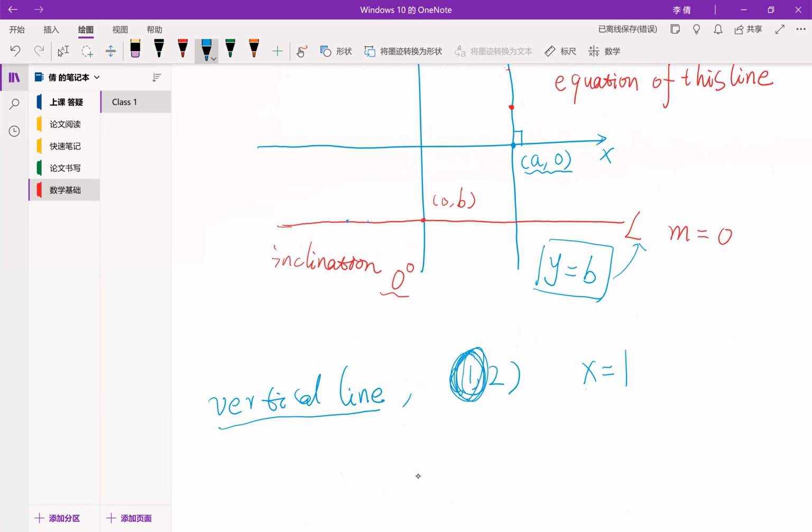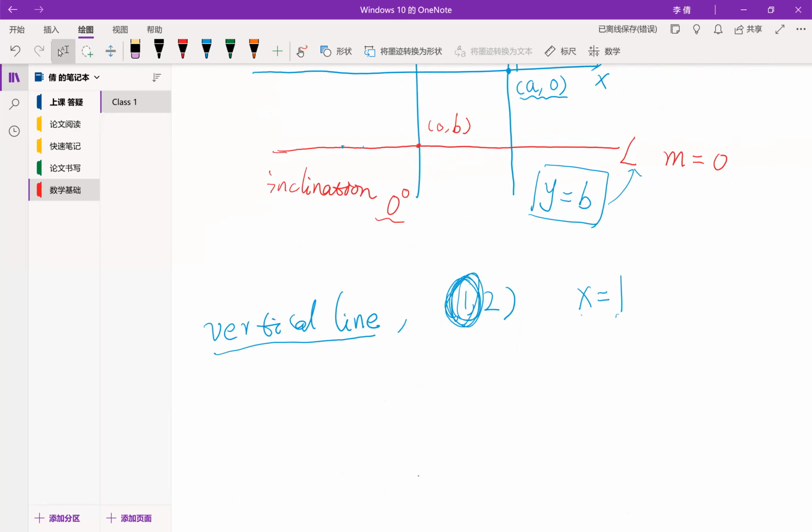So x must be equal to 1. There is a vertical line, and this line passes through this point: this is 1, this is 2.